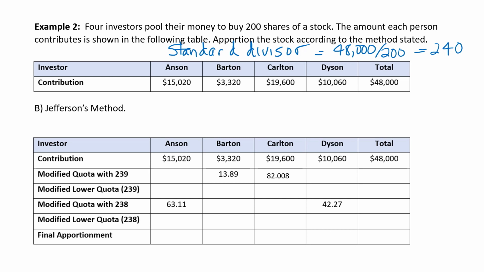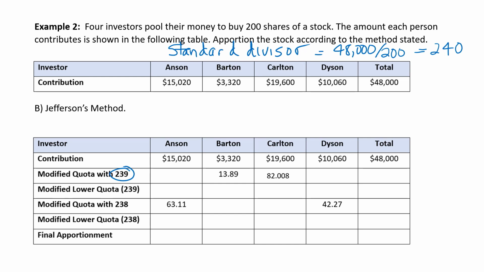With Jefferson's, the modified divisor will be less than the standard divisor. This is primarily just guessing. So step 1 is find a suitable modified divisor. This can take a few attempts. My first modified divisor attempt, I'll do it with 239.